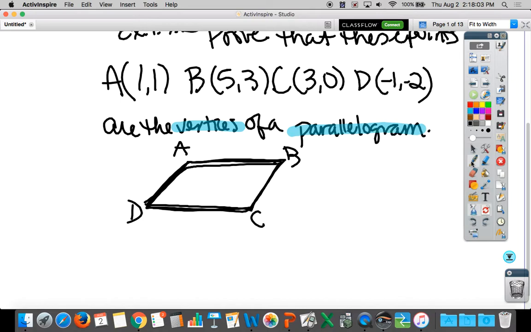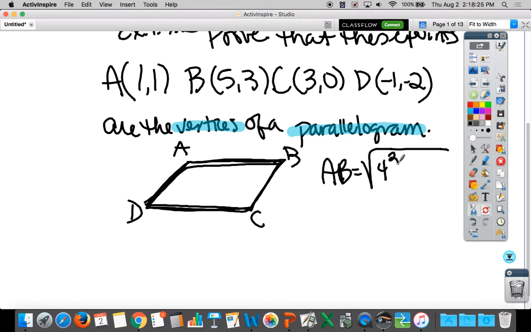Okay. So AB. Now remember, distance is like Pythagorean theorem. It is Pythagorean theorem modified. So we have the square root. What's the difference in my x coordinates going from 1 to 5? What's the difference? 4. And it has to be squared.